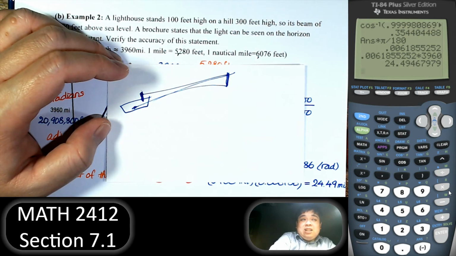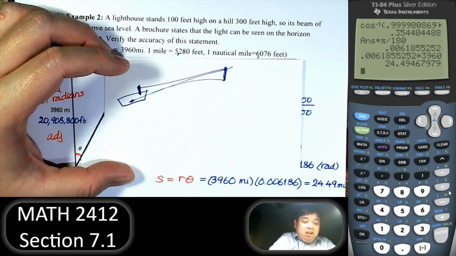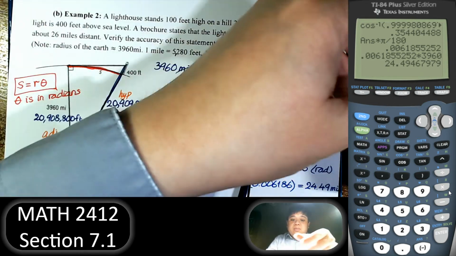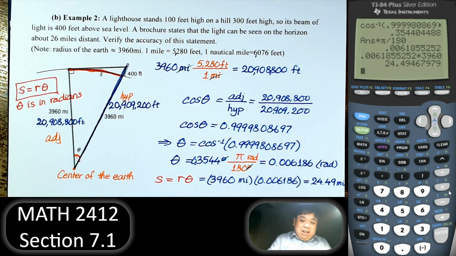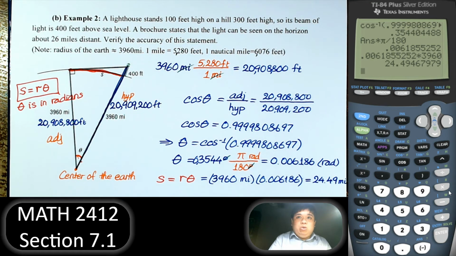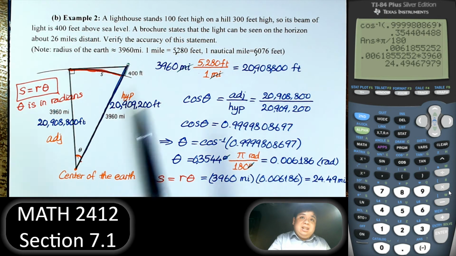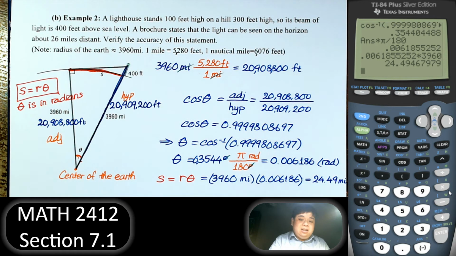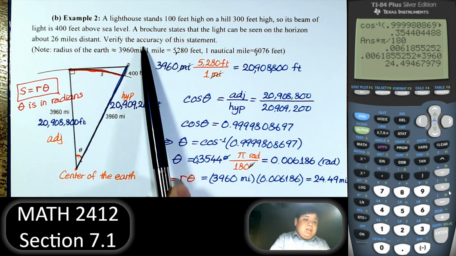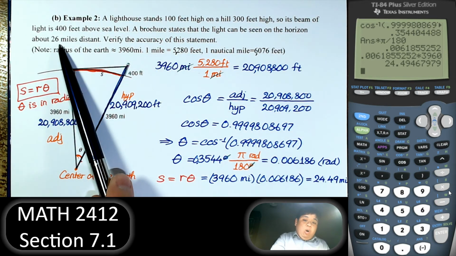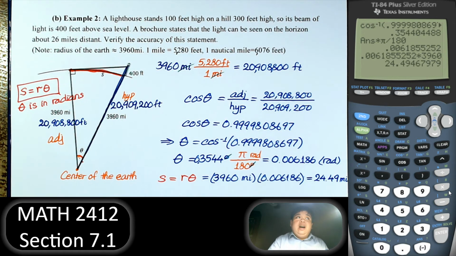So in that case, yes, potentially it could be 26 miles, but whatever is stated is a little more than the actual value. By the way, this is the regular mile. If we want the nautical mile, it's even less than that. But the accuracy of this one is a little bit of an overestimate of the actual value. Right, so that's what we have on that one.